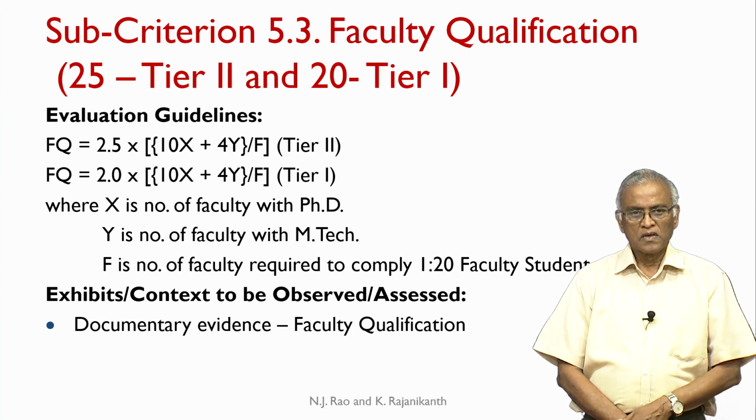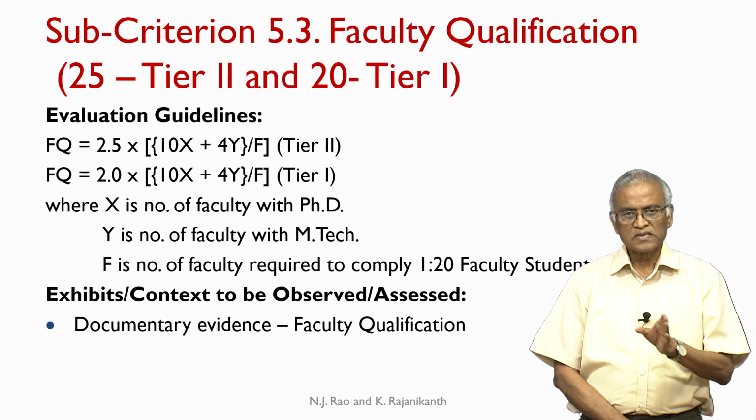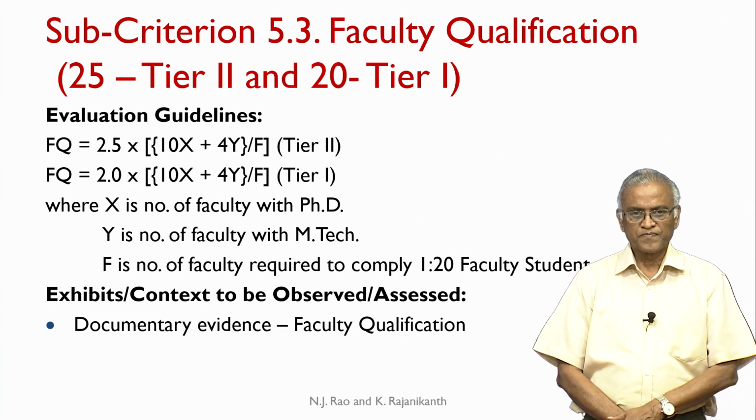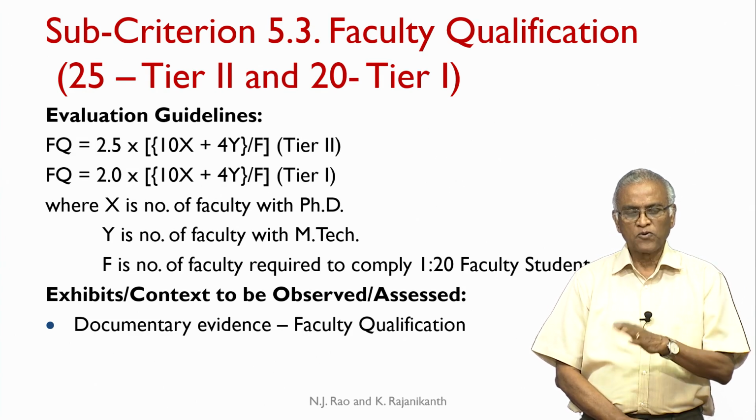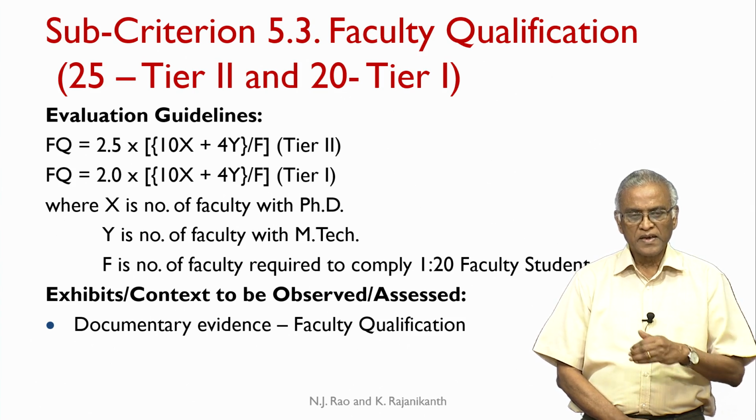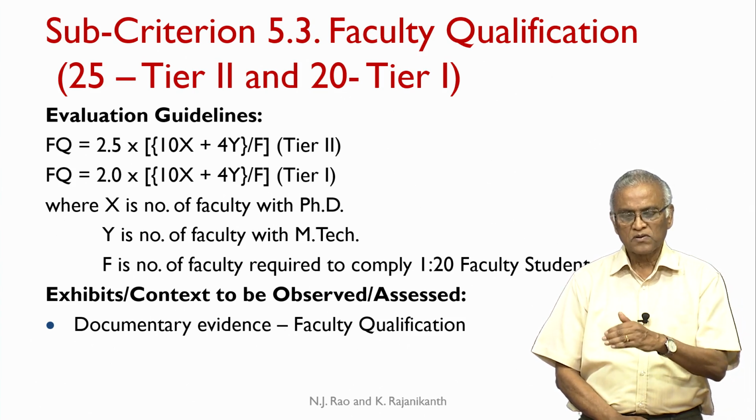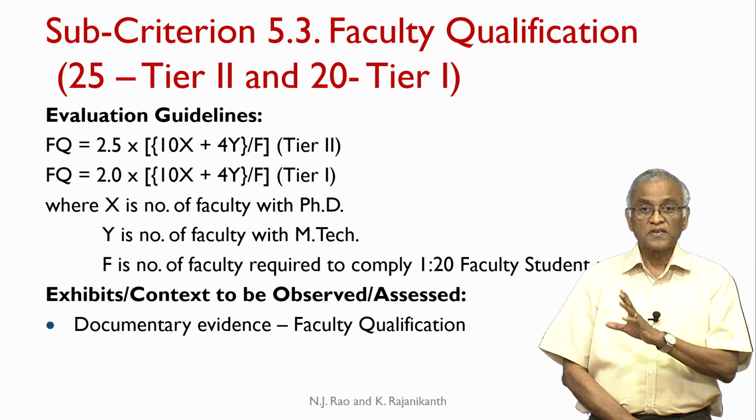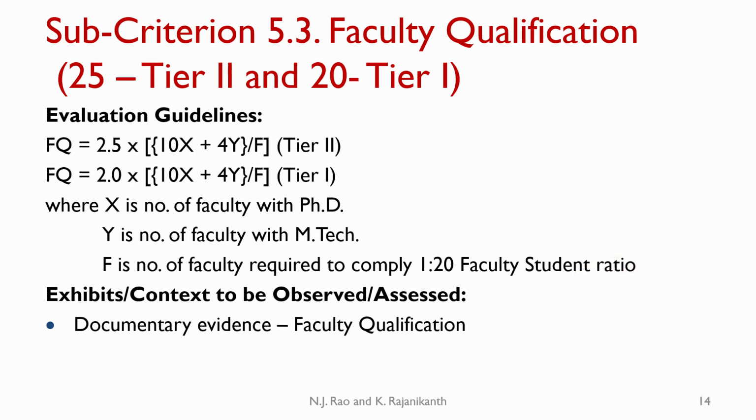Okay. That is, x is the number of faculty with PhDs and y is the number of faculty with MTechs, and f is the number of faculty required to comply with the 1:20 faculty student ratio.